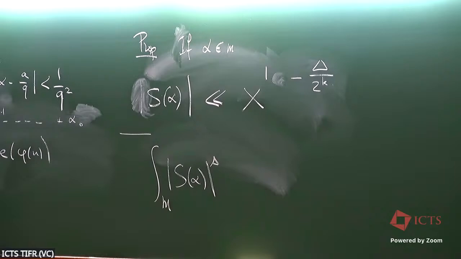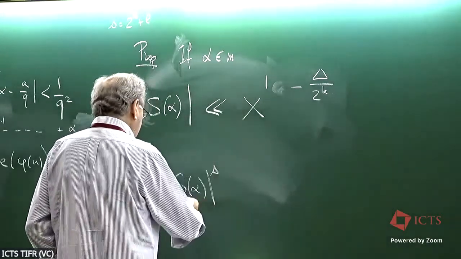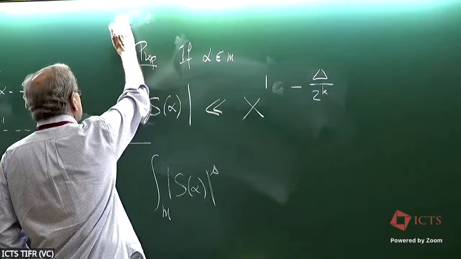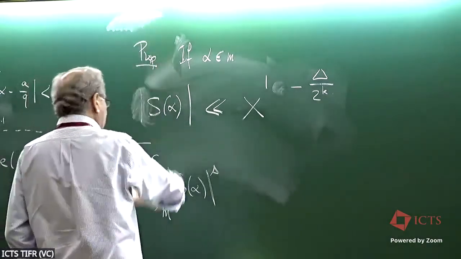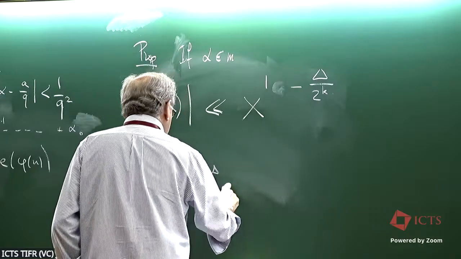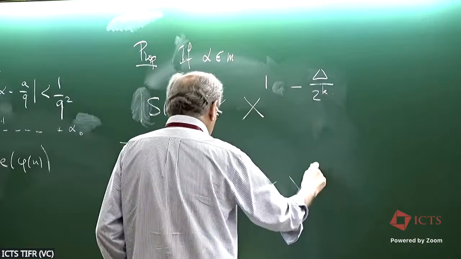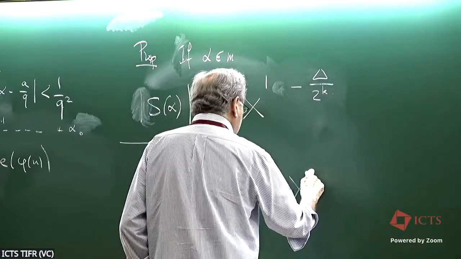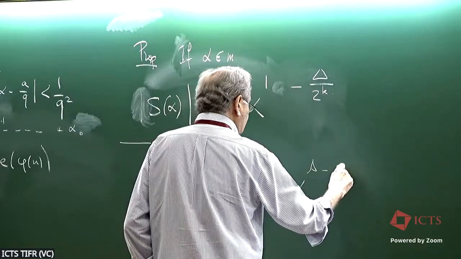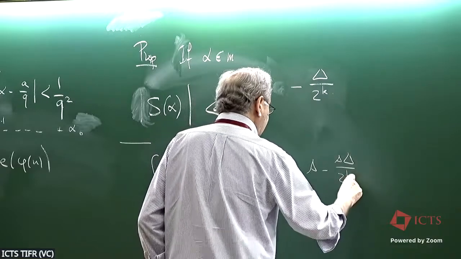Okay? So we have that the integral of S of alpha to the s is less than x to the s minus s delta over 2 to the k.